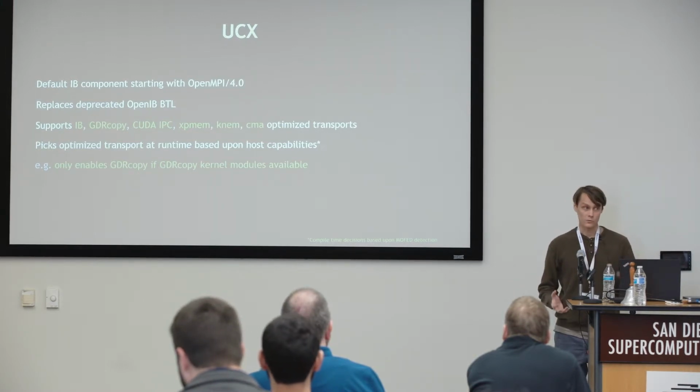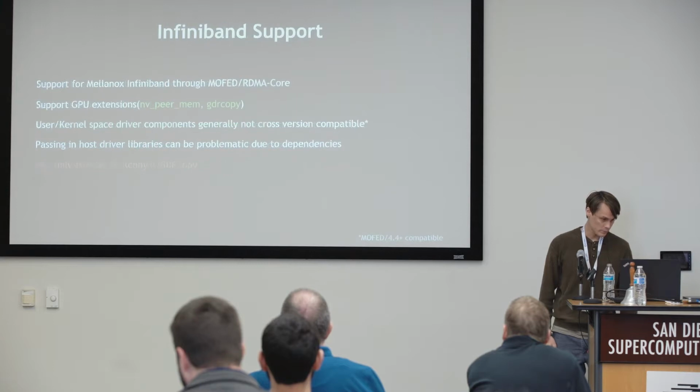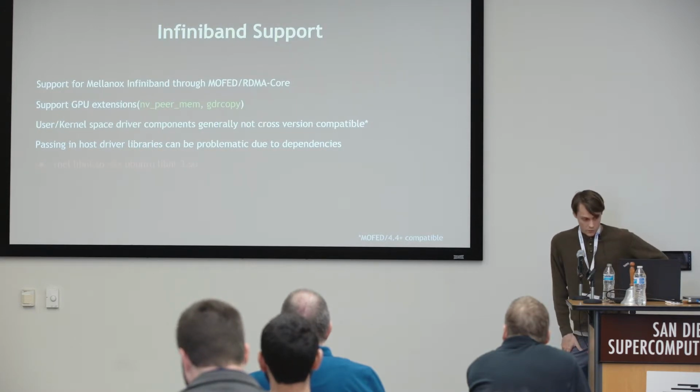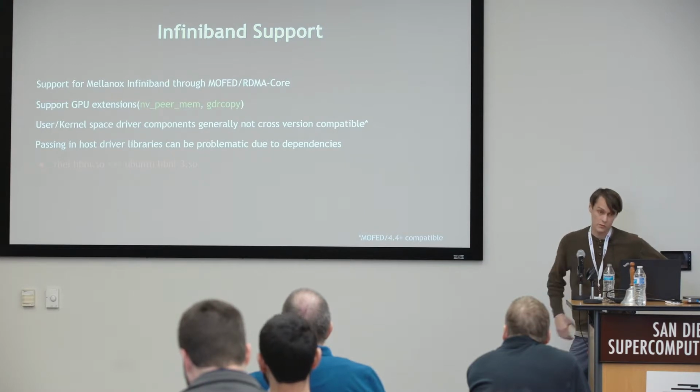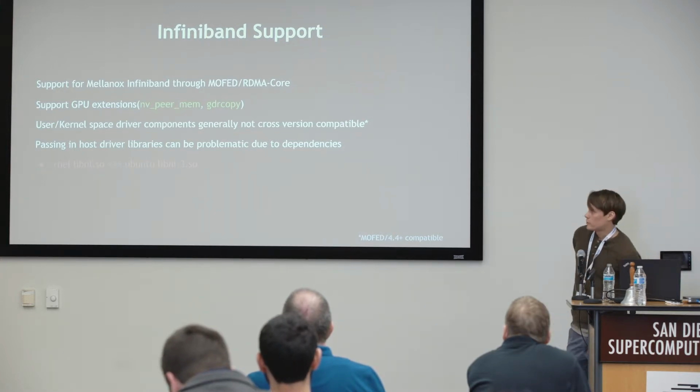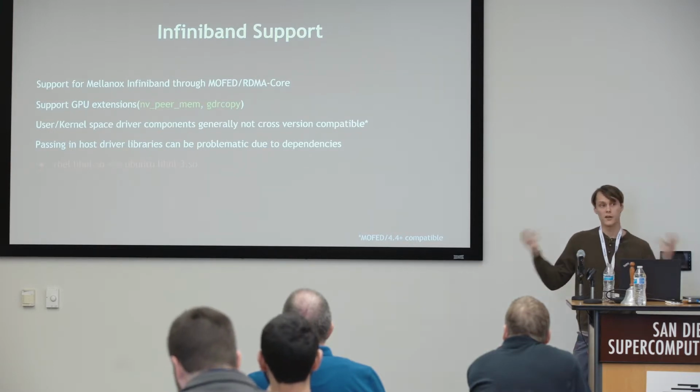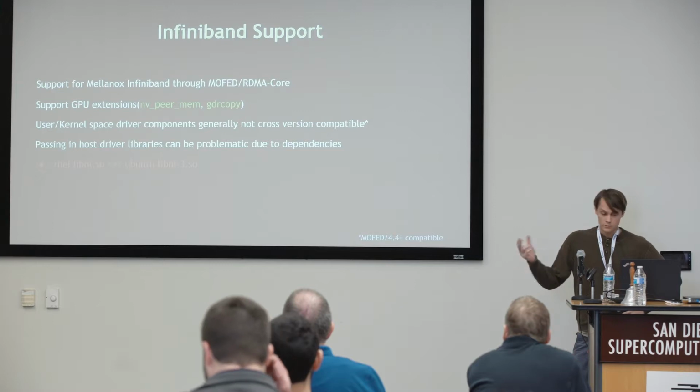It really helps with portable containers. For InfiniBand support, we provide that through Mellanox's OFED distribution, as well as the community-supported RDMA core project. We also support extensions such as NVPeerMem and GDR copy, which extend IB verbs.